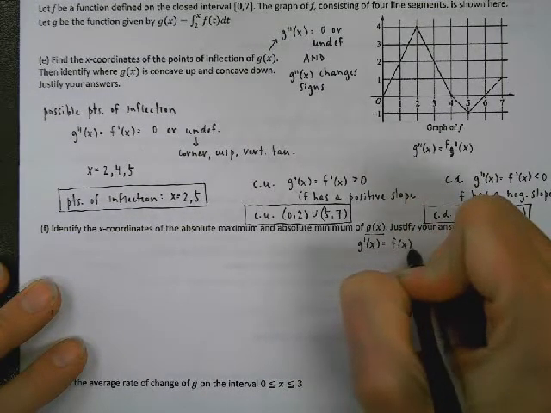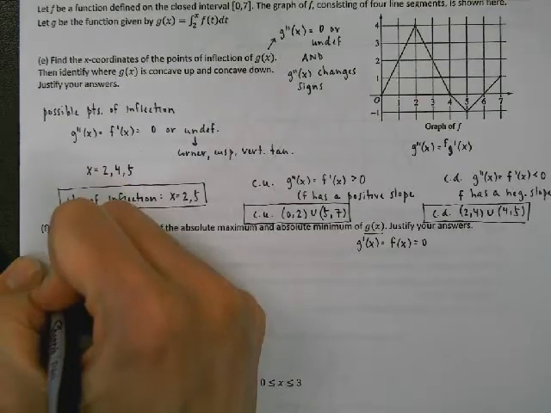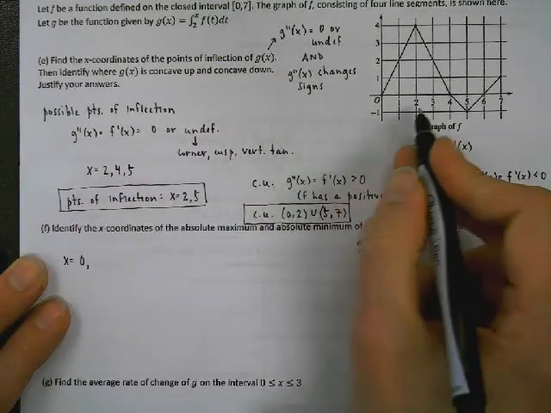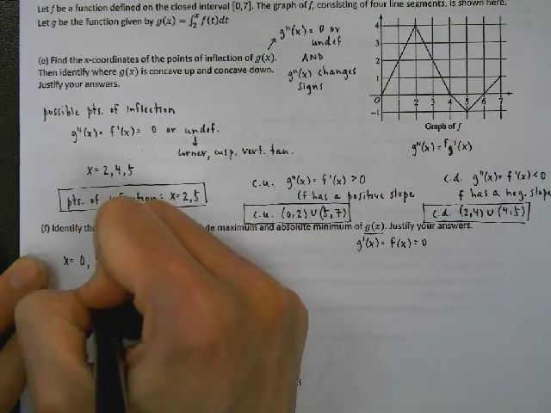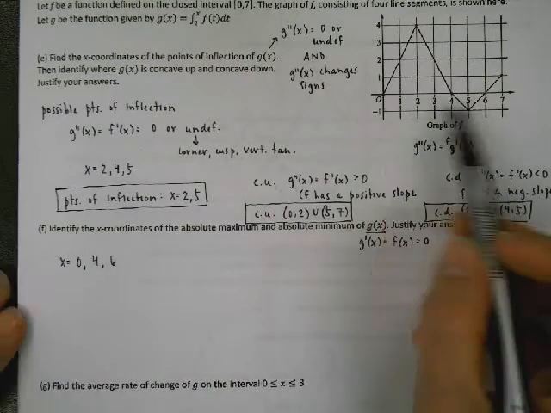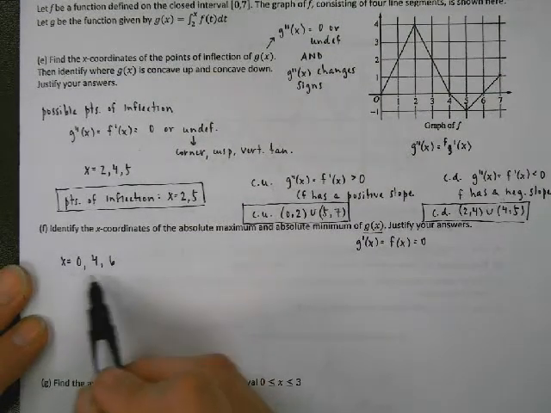And so my critical points, and we found this earlier, were at x equals 0, at 4, and at 6. Now, because I'm on a closed interval, I need to consider not only these interior points, but I need to consider what's happening at my endpoints.